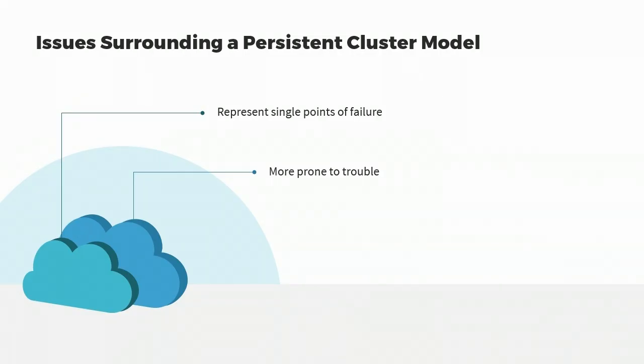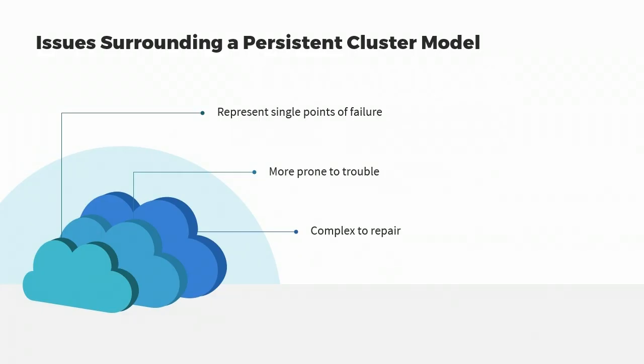For users coming from on-premises, the persistent cluster model will be a natural lift and shift to the cloud. But the model will often represent a bad architecture choice in the cloud. This is going to lead to emergency situations in the future, and they become very complex to repair.